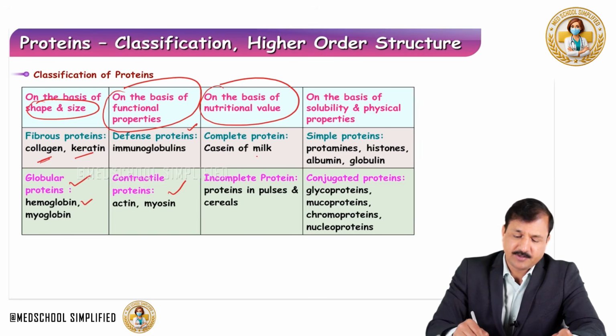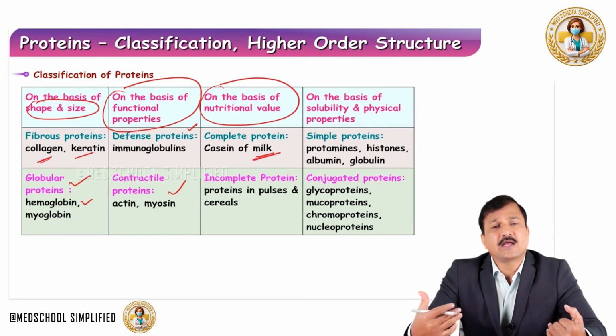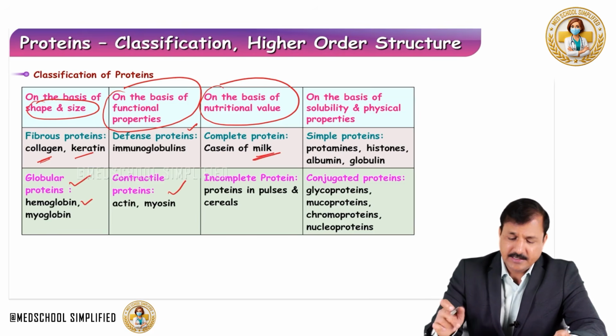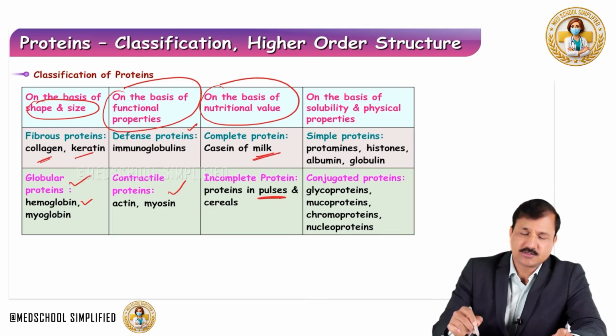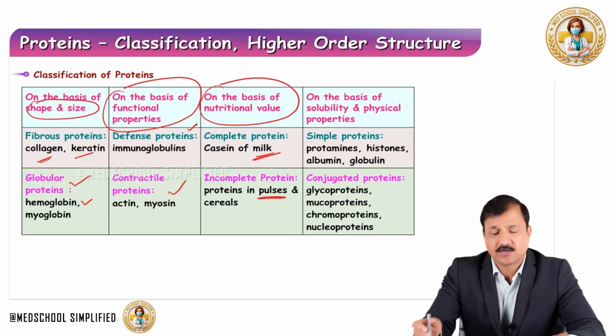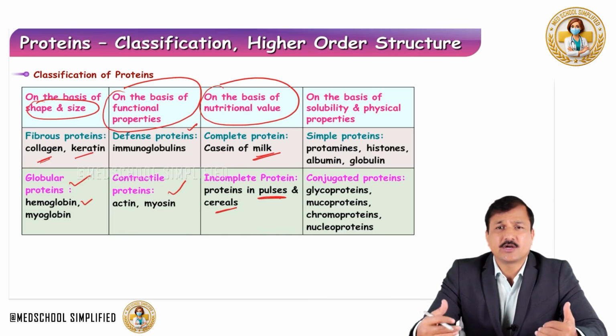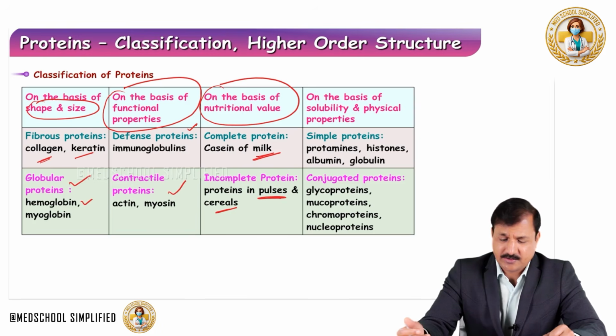Complete proteins, for example casein in milk, contain all essential amino acids that we have seen in the previous lecture. Incomplete proteins, like pulses which lack methionine, or cereals which lack lysine, don't contain all essential amino acids.